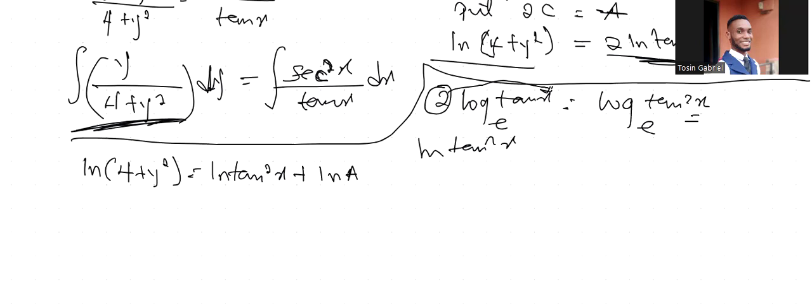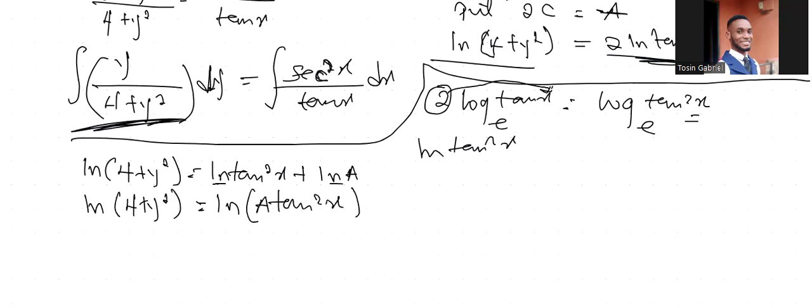Once you have that, we have ln of 4 plus y squared equals ln a plus ln tan square x. When you have two ln's adding to each other, it becomes multiplication, so it's ln of a tan square x. This ln will automatically cancel, then you have 4 plus y squared equals a tan square x. Then your y squared will be equal to a tan square x minus 4.